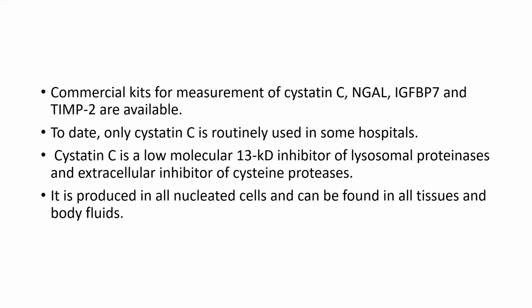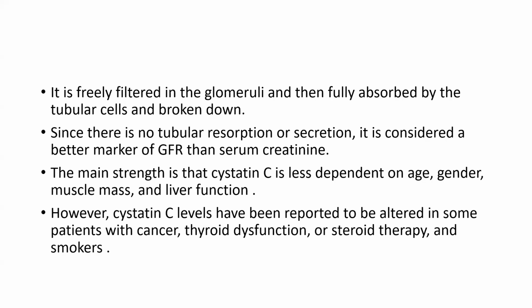Cystatin C is a low molecular weight, 13 kD inhibitor of lysosomal proteinase and extracellular inhibitor of cysteine proteases. It is produced in all nucleated cells and can be found in all tissues and body fluids. It is freely filtered in the glomeruli and then fully absorbed by tubular cells and broken down.